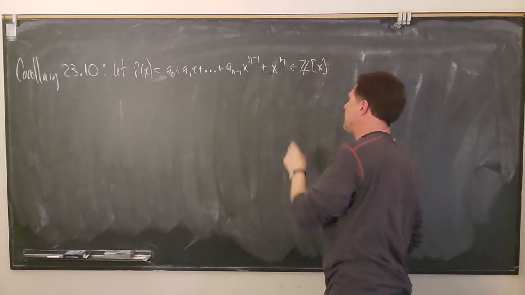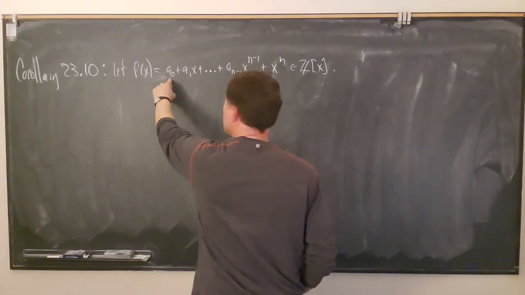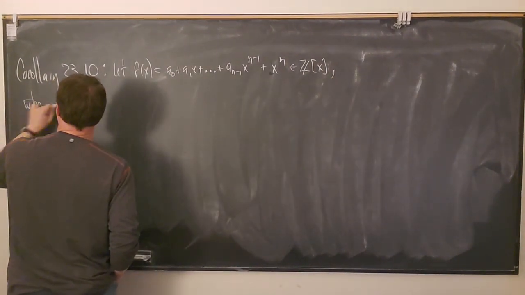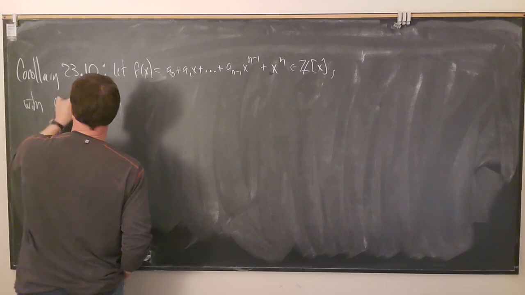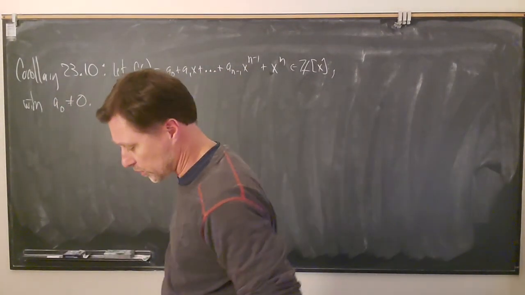And this is going to be a polynomial with coefficients in Z. Now I got to say one more thing, with a0 not equal to 0, right? So that's got to be a non-zero constant coefficient.